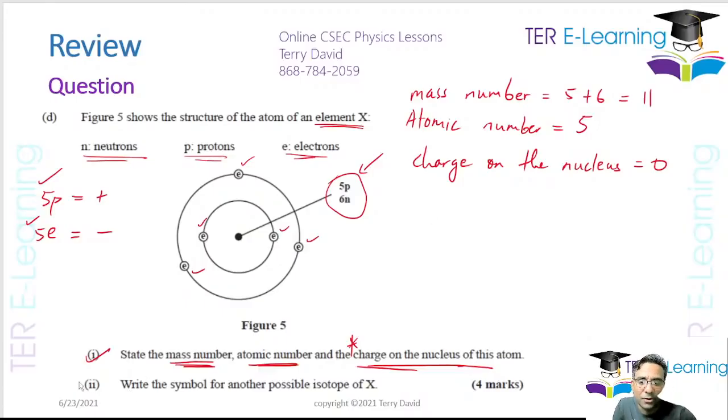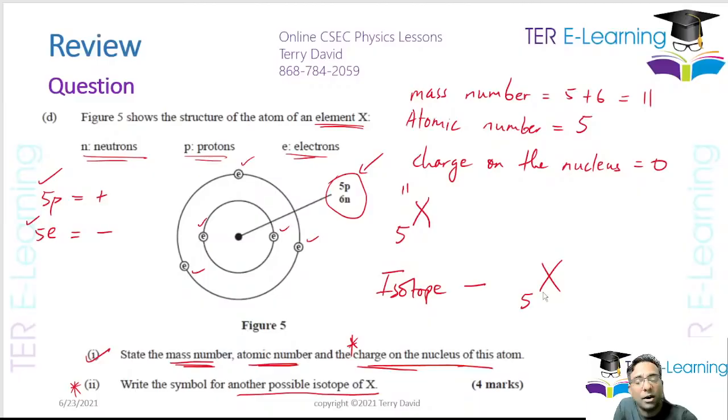Now, they said write the symbol for another possible isotope of X. Based on the information we have here, we can write down what X is supposed to look like. You know the mass number is 11 and the atomic number is 5. If you want to write an isotope, all you need to do is make sure you have the same atomic number of 5, and you can just change the mass number.